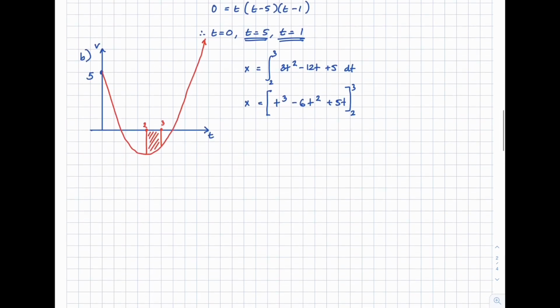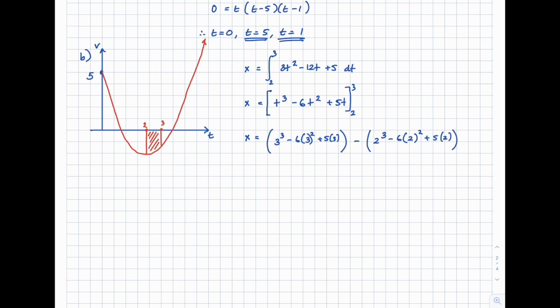So let's go ahead and substitute. So we're going to say, well, x is going to be equal to, curly bracket, 3 cubed minus 6 lots of 3 squared plus 5 lots of 3. That's the upper limit gone in, and we'll take away open curly brackets again, and the lower limit gets plugged in. 2 cubed minus 6 lots of 2 squared plus 5 lots of 2.